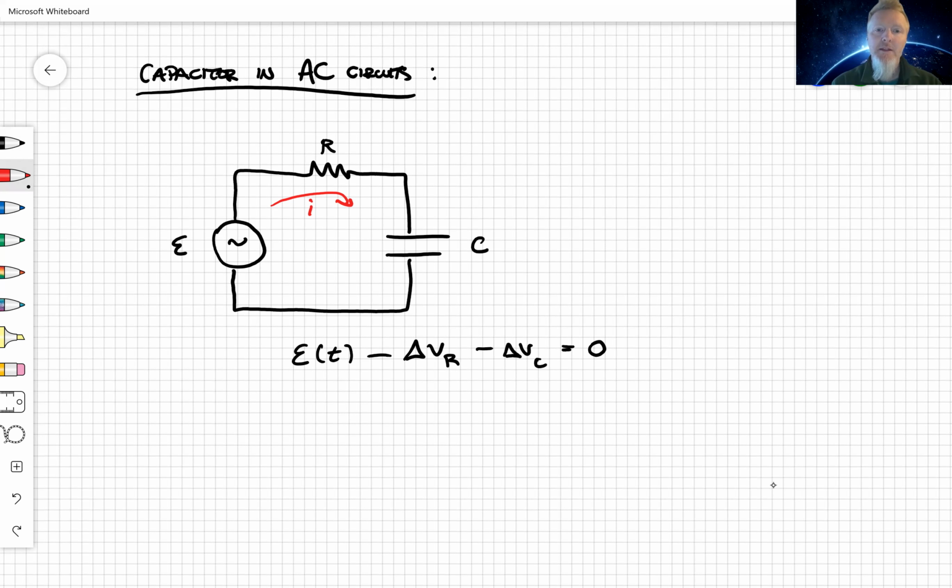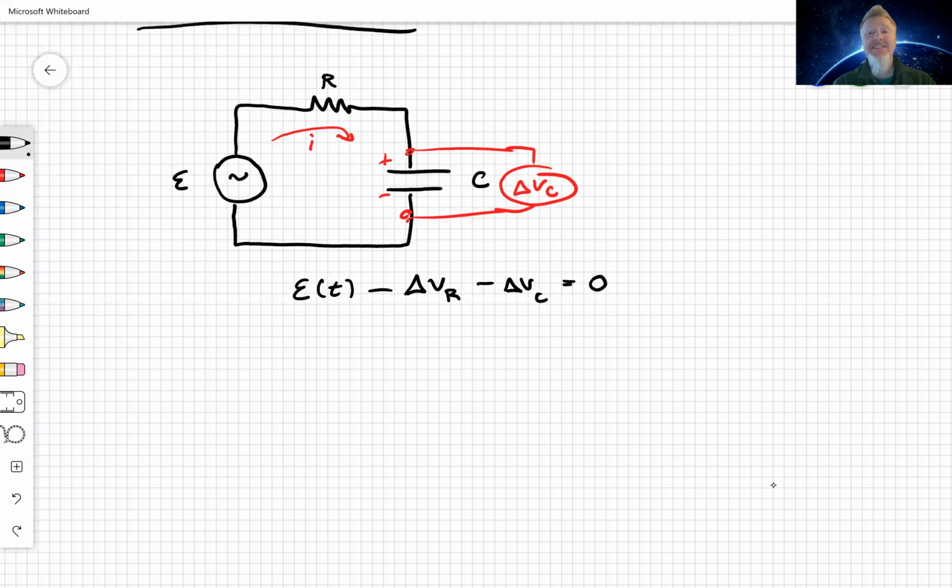Okay. So I'm going to get a delta V across there. Right. So I'm just assuming I'm going to get a plus with a minus right here. All right. Okay. Let's take a look at what this means. Notice that these are instantaneous quantities, not peak quantities anymore. All right. That you can't do anymore.